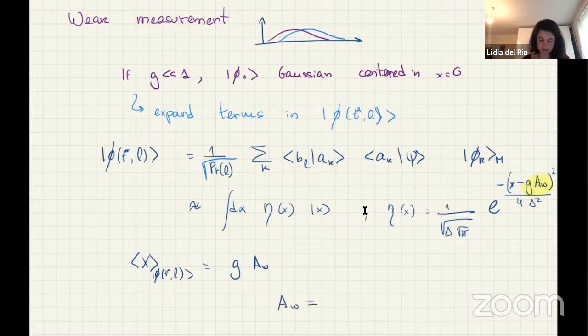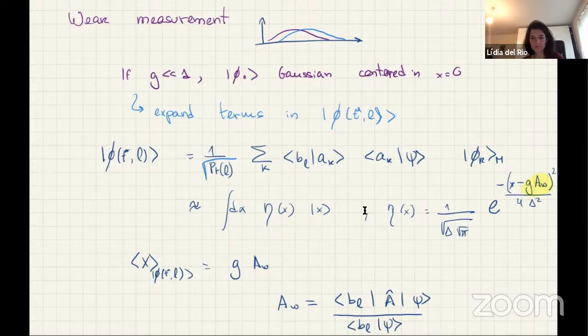This AW is what is called the weak value, which is BL A I over BL initial state. Now, before we go to the break, let me just try to explain more or less what these terms are. So this is what we call the weak value.